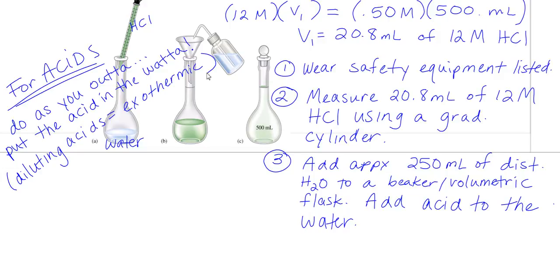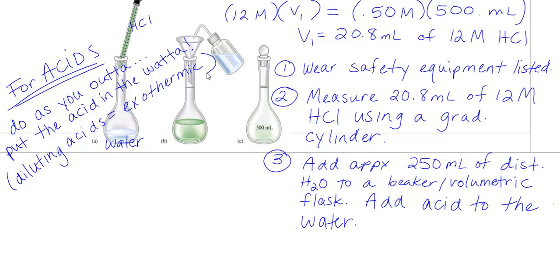So you might be like, oh yeah, I'm adding the right amount of water, but some of that water evaporates because the process is so exothermic. So that's another good reason for putting the acid into the water.